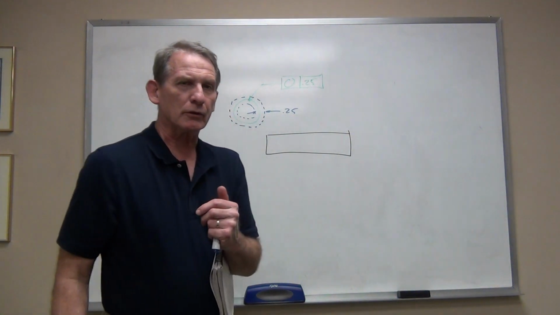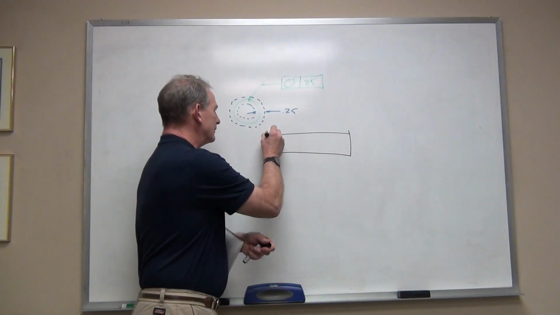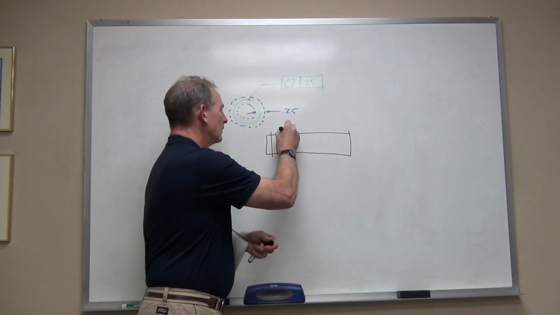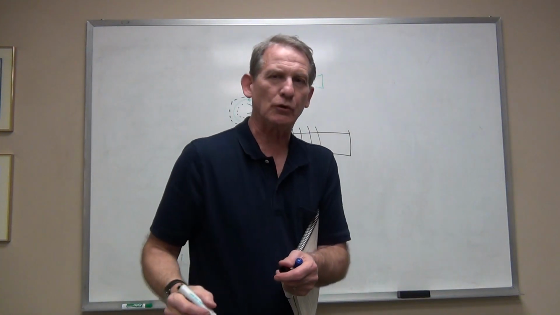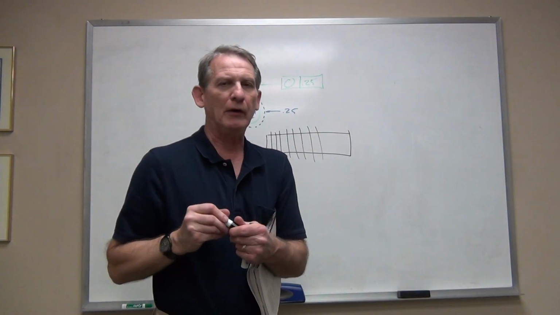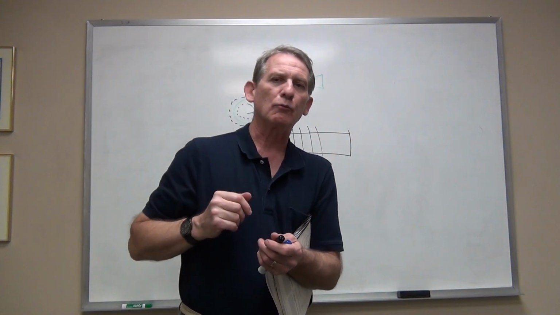How many of those circles are there on that shaft? Well, there's an infinity of them. I can take a slice all the way down the length of this, and each one of those slices is going to be a circle. And I can evaluate each one of those circular sections for roundness.